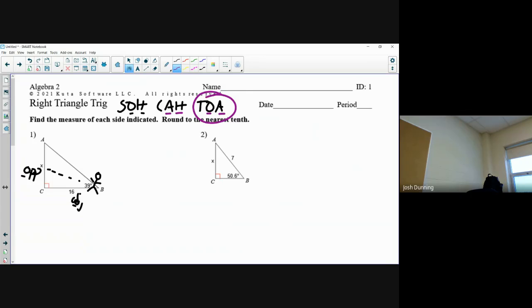That's what the SOHCAHTOA does for you. Allows you to pick out the correct one to use. Tangent. Now, the angle always comes after the three letters, so tangent 39 degrees. It's O first, then A. So x over 60.